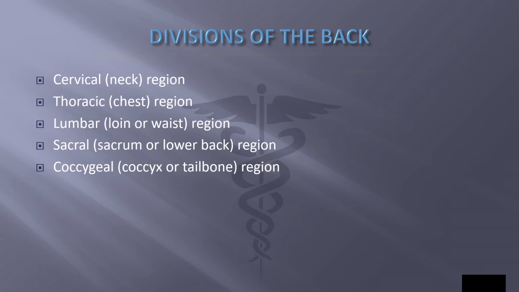And then lastly, division 5 is 4 fused bones, and this is known as the coccygeal region. This includes the coccyx or tailbone. All right, so number 1, cervical, 2, thoracic, 3, lumbar, 4, sacral, and 5, coccygeal.